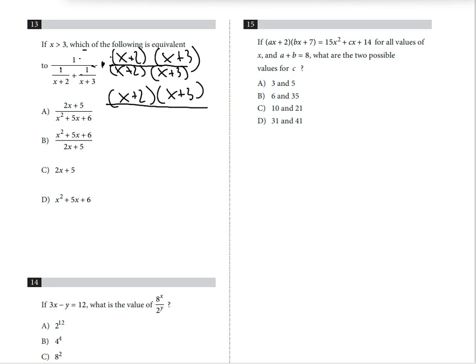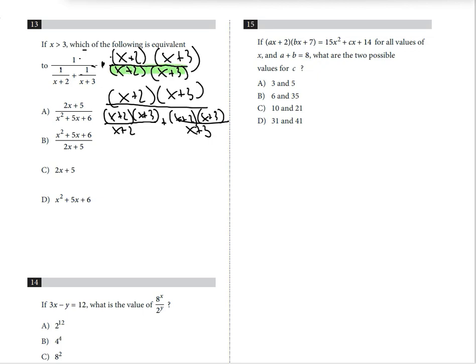The denominator is a little bit different. In the denominator, we're going to have x plus 2 times x plus 3 over x plus 2, plus x plus 2 times x plus 3 over x plus 3. So what I basically did is take this quantity and distribute it.